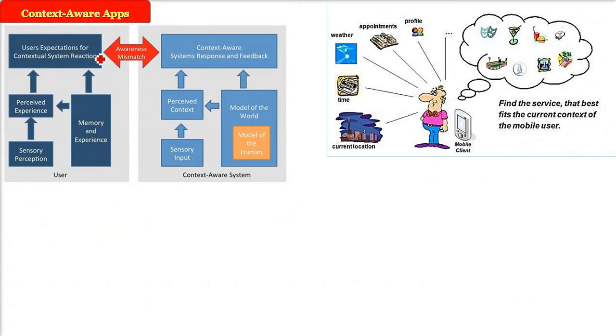Context aware apps. These are those kind of apps which are context aware. That is, if I am talking about buying something on my mobile, that is my context. If I want to see videos, that is a context. So we want to find the service that best fits the current context of the mobile user.